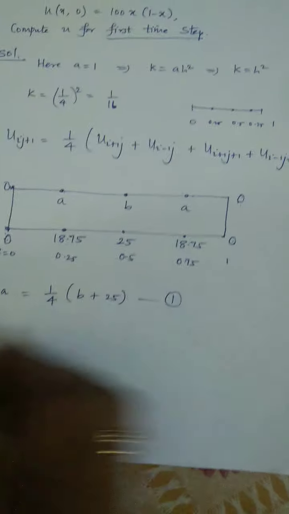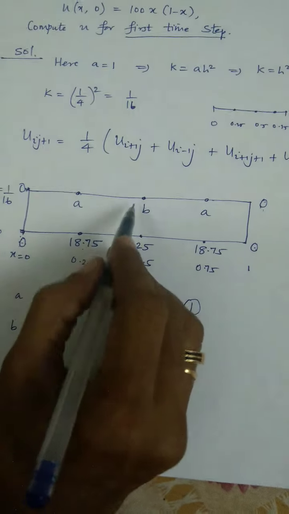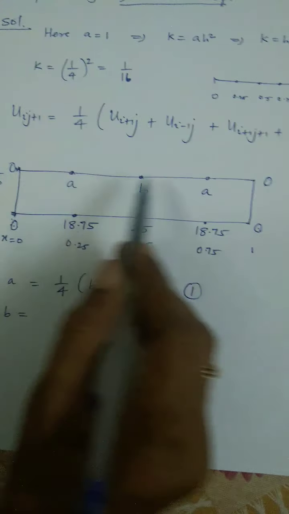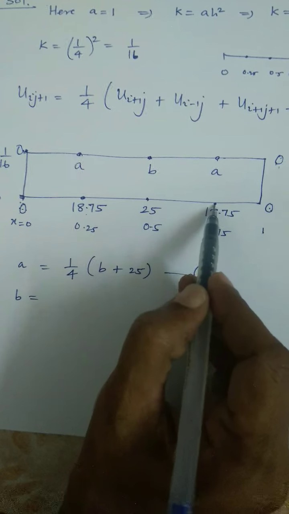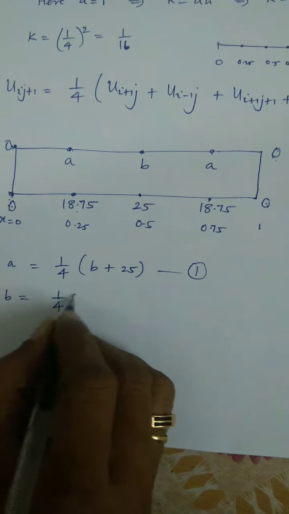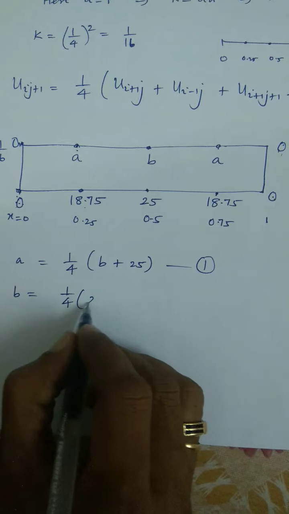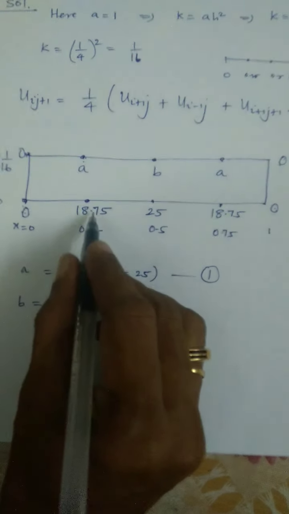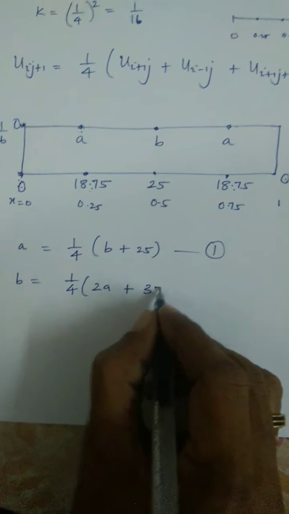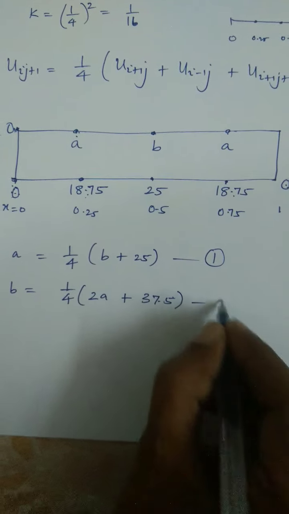Let it be equation 1. Now take B, the midpoint. That's what we have done already. 1/4 of (A plus A, that is 2A, plus 18.75 plus 18.75), which is nothing but 37.5.